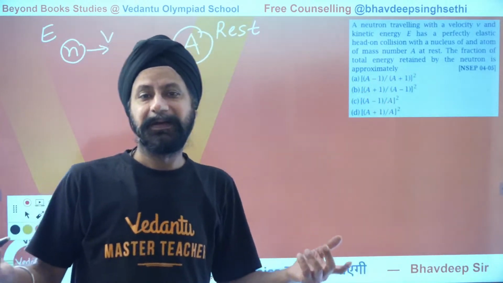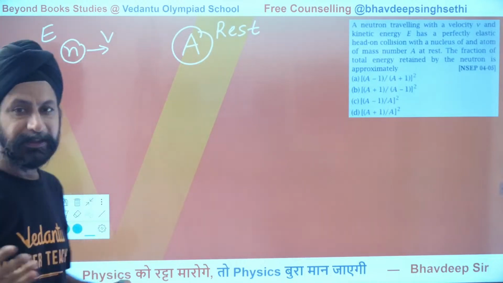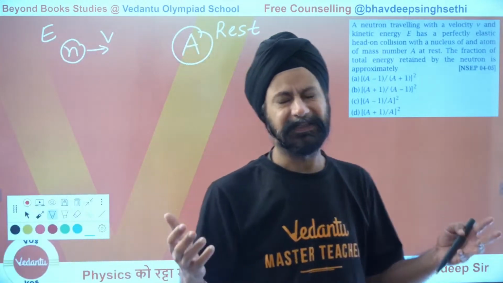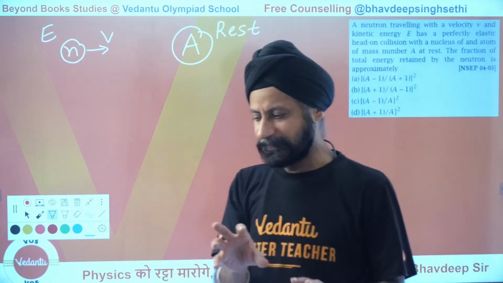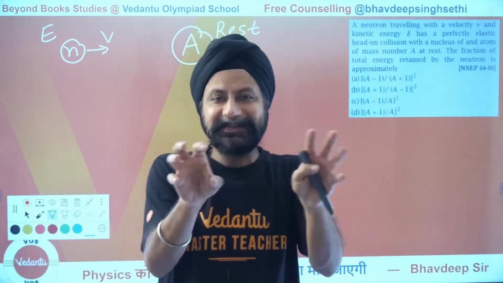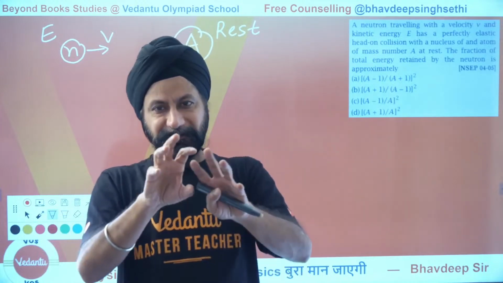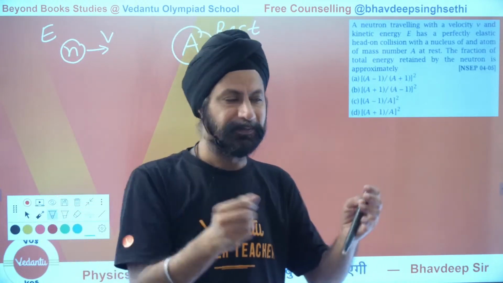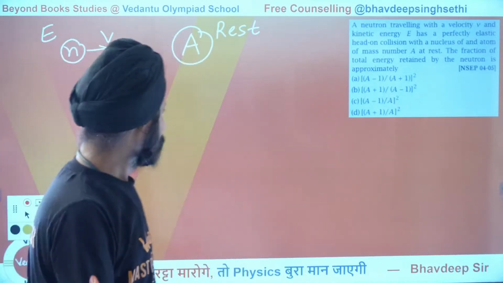So I can assume that if this were 1 unit of mass, this is A units of mass, because what is the atomic mass or the mass number? It is the number of protons plus the number of neutrons. Masses of protons and neutrons are different, but approximately the same. So if this is mass 1, this is mass A.